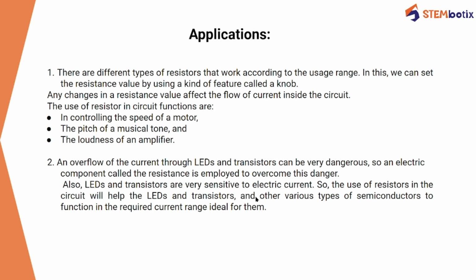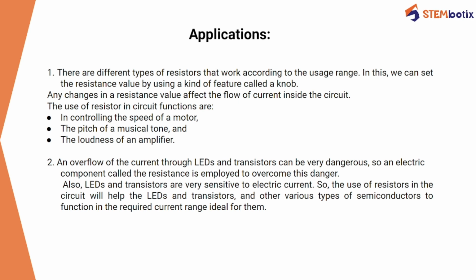An overflow of current through LEDs and transistors can be very dangerous. So an electric component called a resistor is employed to overcome this danger. Means to protect an LED, transistor or any circuit element from overcurrent, you can use a resistor.